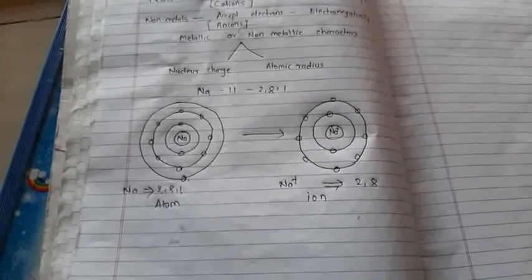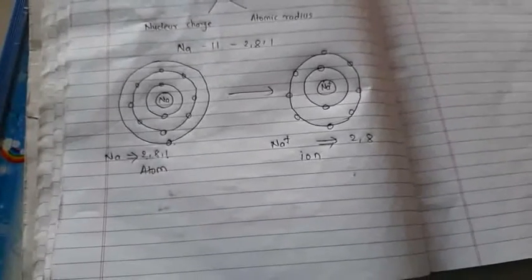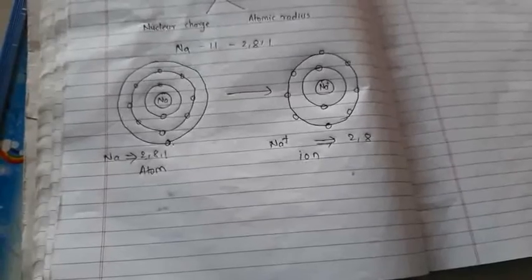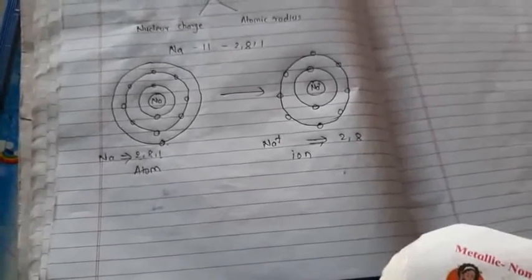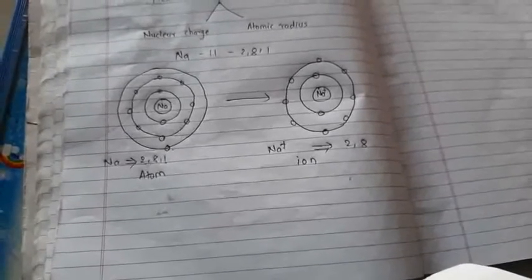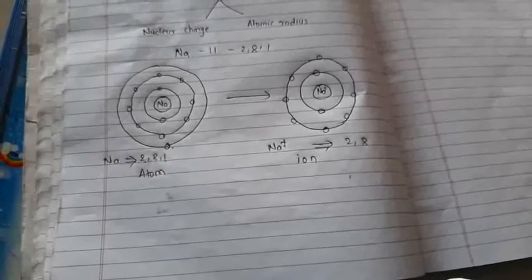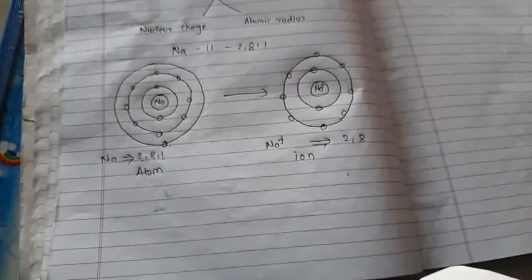Because of their presence, the effective nuclear charge exerting an attractive force on valence electrons is somewhat less than the actual nuclear charge. Thus, the number of valence electrons in metals is small. Also, the effective nuclear charge exerting attractive force on the valence electrons is small.